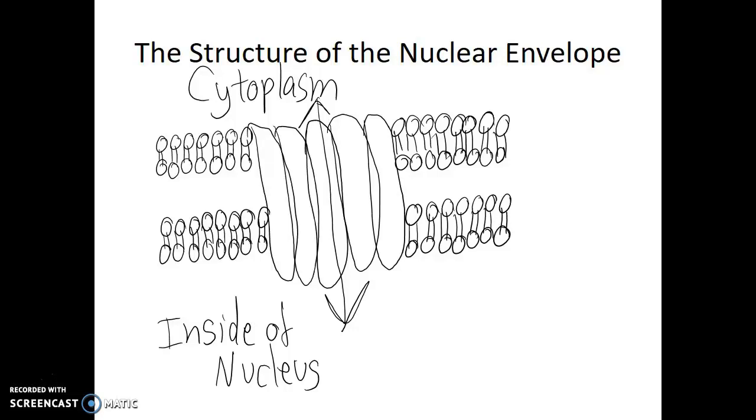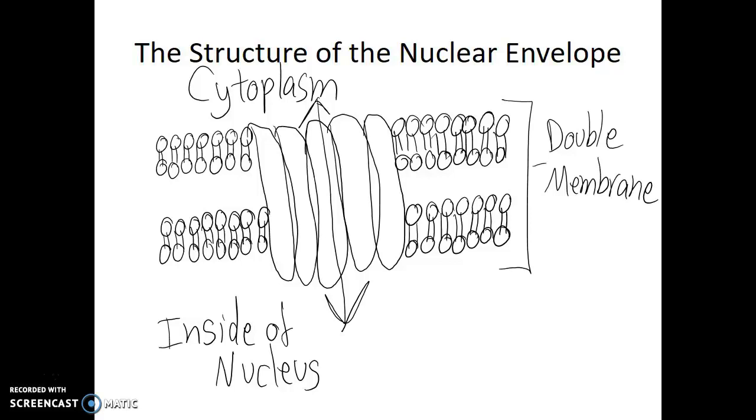So here we have our nuclear envelope, a double membrane structure. And this would be consistent around the entire surrounding of the nucleus. This makes up the nuclear walls. And these nuclear pores will also be located around the periphery of the nucleus.